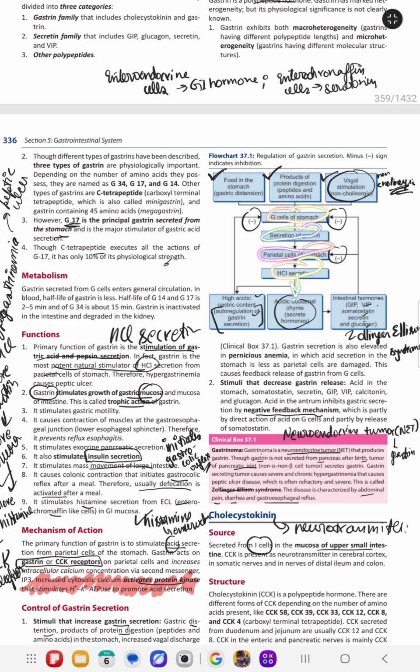HCl secretion further causes acidic duodenum, which secretes hormones, causing autoregulation and negative feedback. Because of this acidic duodenum, it causes the secretion of intestinal hormones like gastric inhibitory peptide and VIP, then somatostatin, like studied in the diagram. Right, so making this diagram will be good for you.